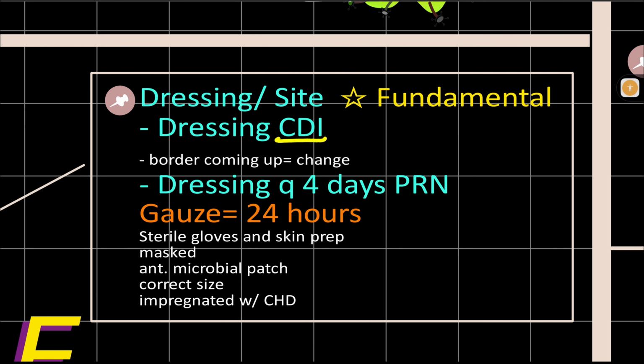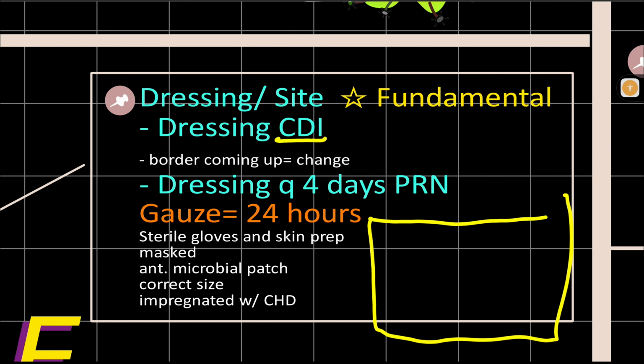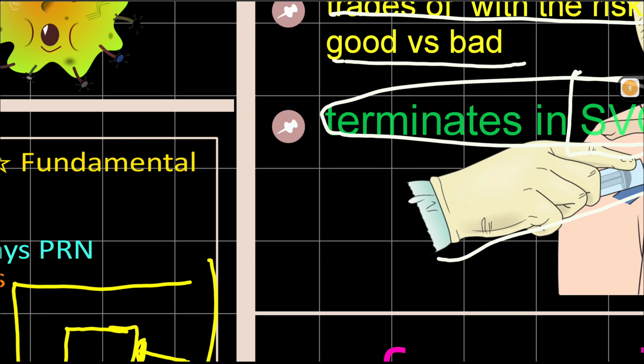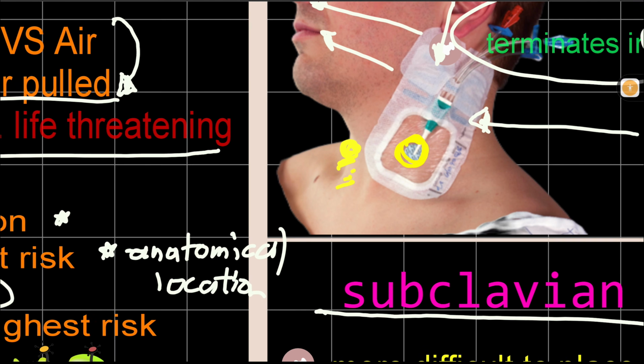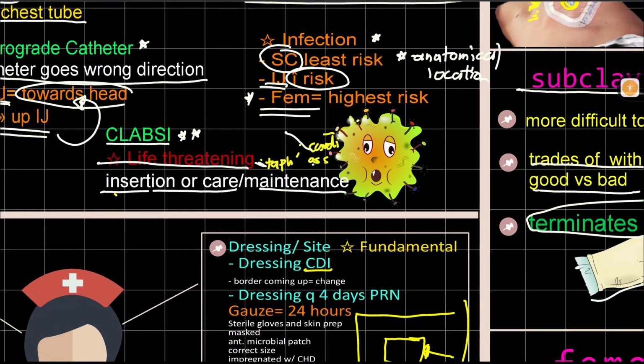And we have this Tegaderm that looks like this, square type or oval type, with a sticky part to it. This one has chlorhexidine. You have to stick it here, not on the port, but on this, to serve as added adhesive and added protection.